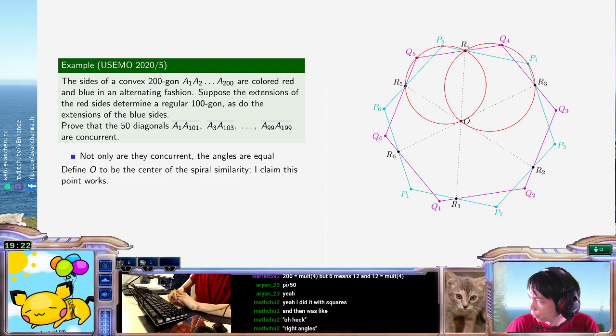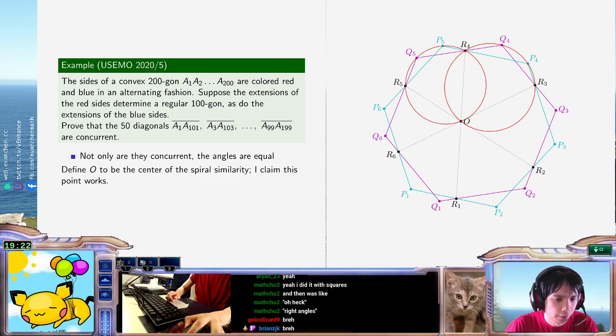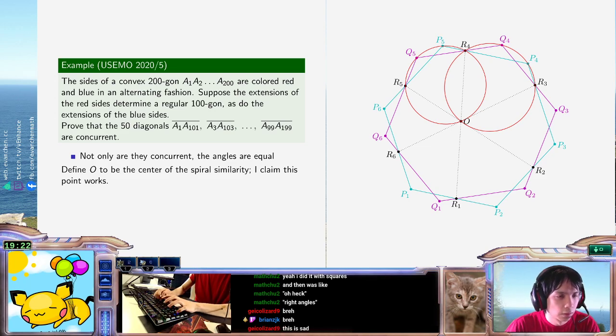So there. Now this angle is 180 minus this angle, and this is the angle in a regular polygon. So, the end.